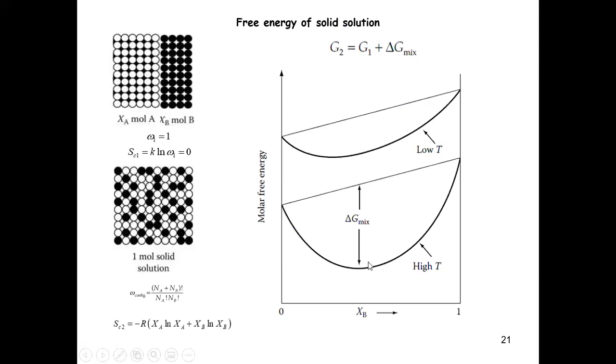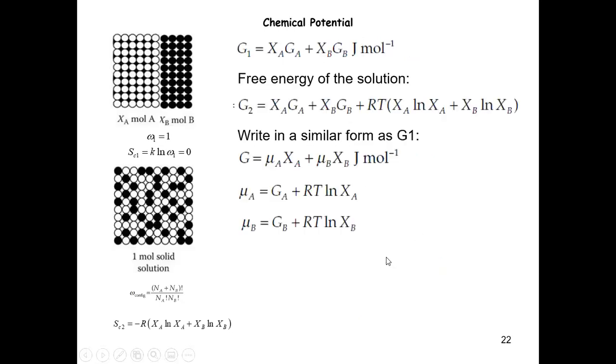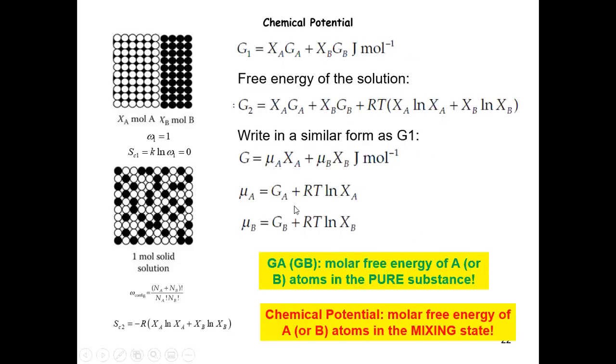This is delta G mixed, depending on what temperature you have, but as long as it's finite temperature, for any non-zero and non-unity molar fraction, you're always going to bring down the free energy. And this reduced free energy has also to be reflected in the molar free energy of the two species, because you keep the molar fraction the same, if the overall free energy is reduced, the molar free energy of each species has also to be reduced. So that's quite consistent with our analysis.